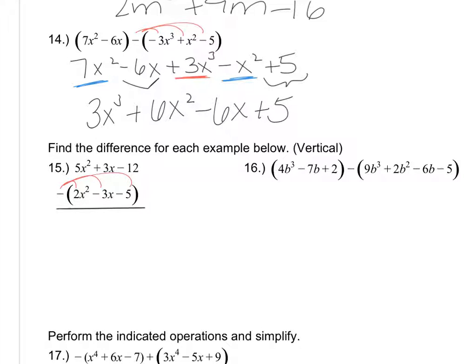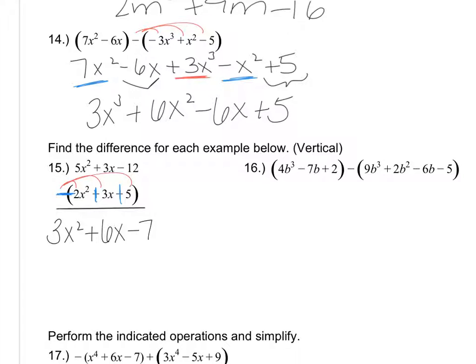So this becomes a minus 2x to the third, a plus 3x, and a plus 5. So 5x squared minus 2x squared is 3x squared. 3x plus 3x is 6x. And minus 12 plus 5 is a minus 7.